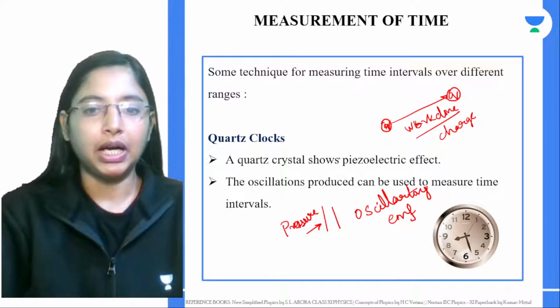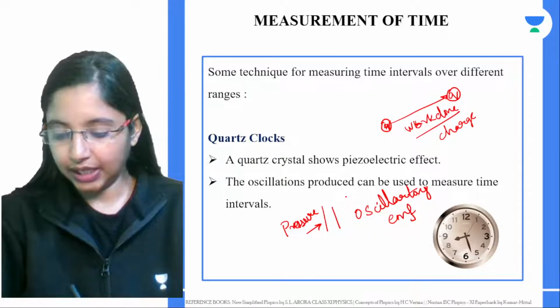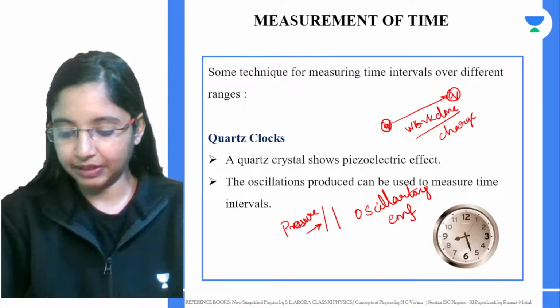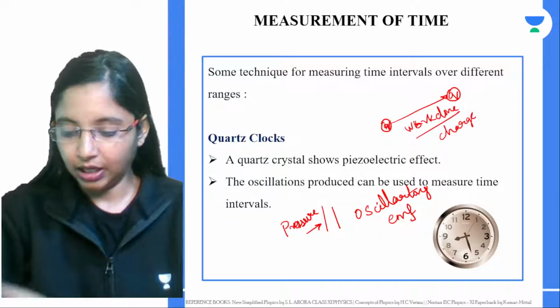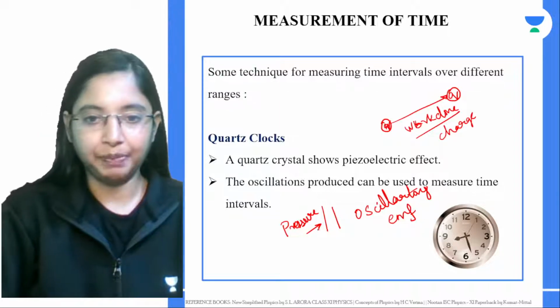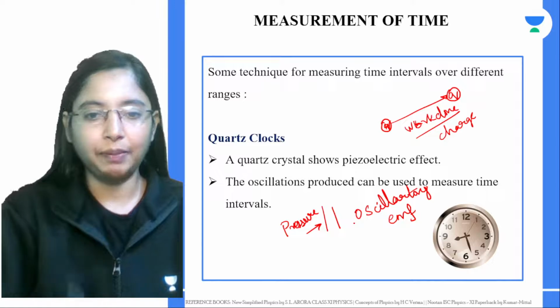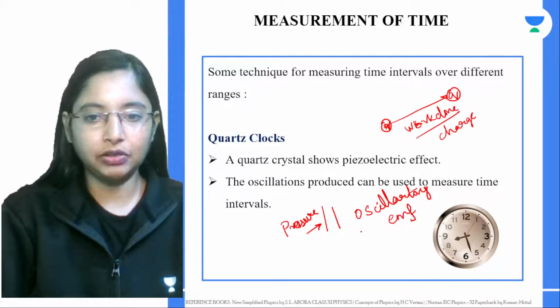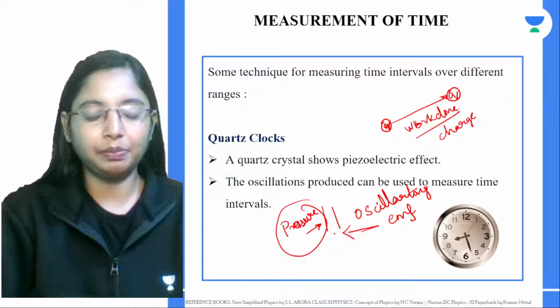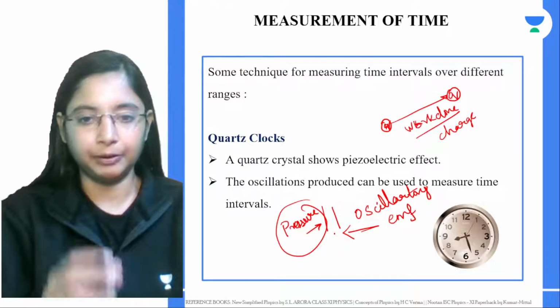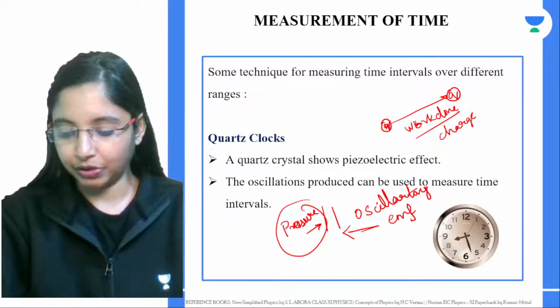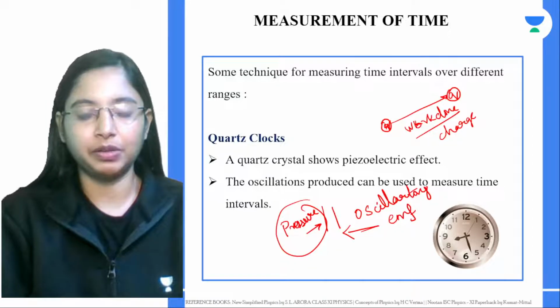Because of this, an oscillating EMF is developed across these parallel plates. If you apply an oscillating EMF, a changing EMF, then a changing mechanical fluctuation will also be produced, meaning that a fluctuating pressure will be produced.